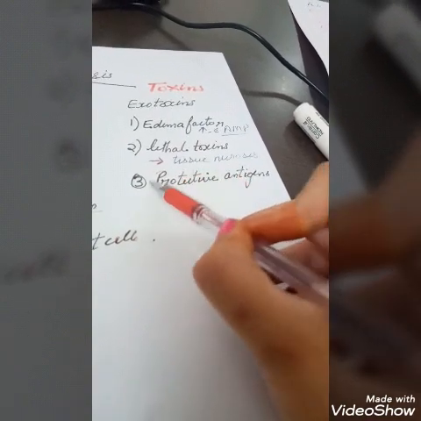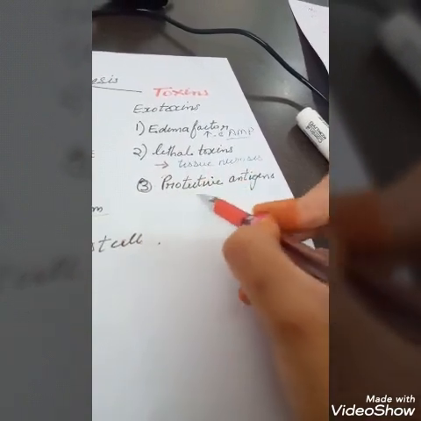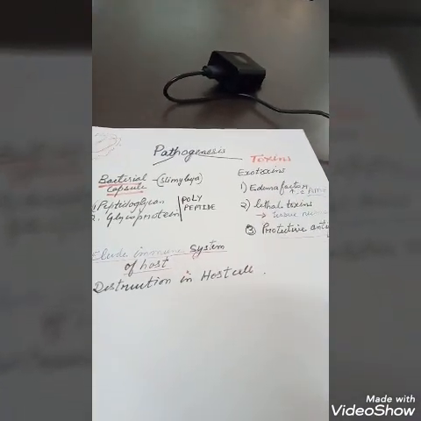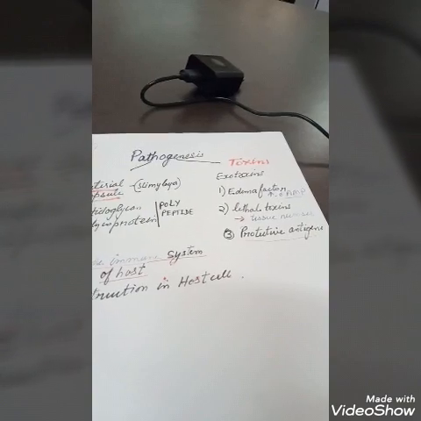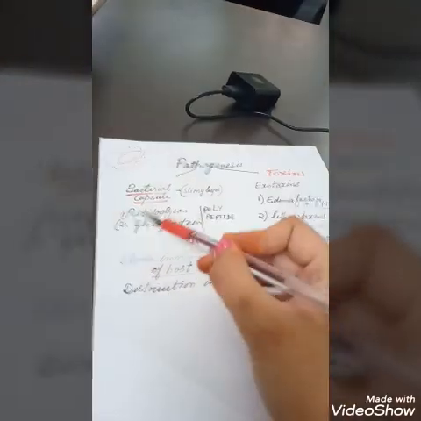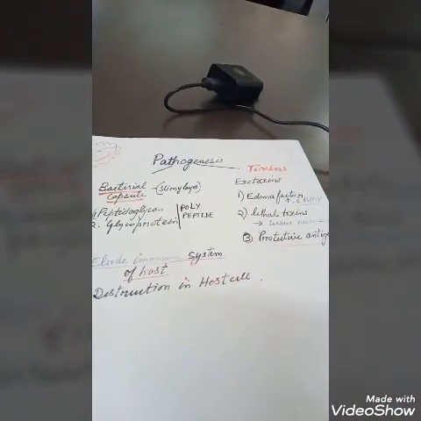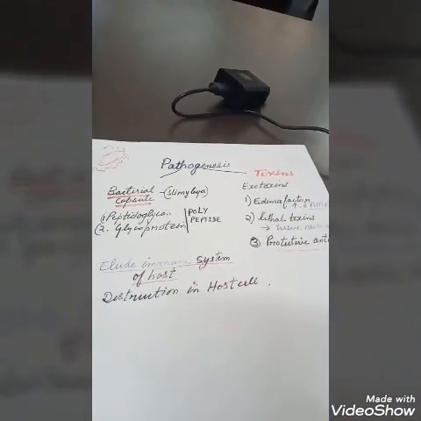Second is lethal toxin, which causes tissue necrosis. Third is protective antigen, that protects the bacilli from getting engulfed by the macrophages. So that's how this bacteria will elude the immune system of the host and then start destruction.